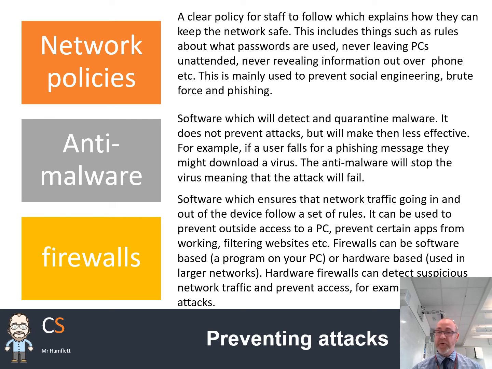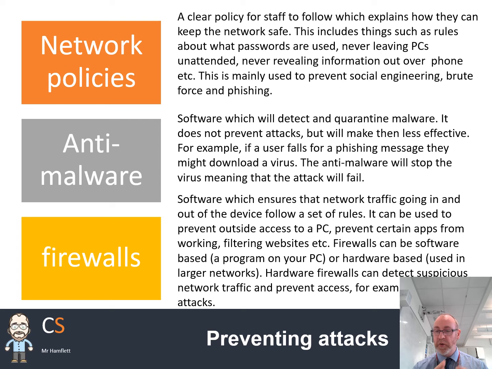Firewalls tend to be used and talked about through companies more than individuals, although individuals will have firewalls. A firewall is a piece of software or hardware which will prevent certain things coming into the network and prevent certain things leaving it. For example, it might say you're not allowed to go on certain websites, so it might filter websites, or it might say you can't use these apps to prevent certain apps from being used.